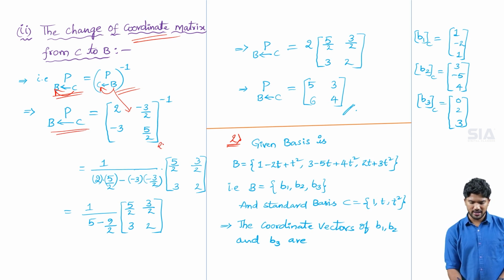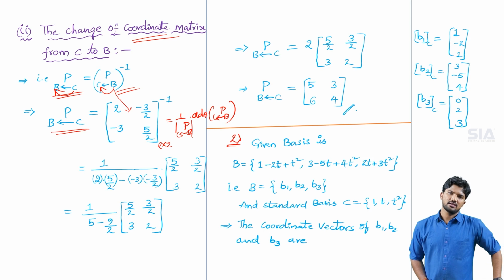Here it is a 2×2 matrix, so 1 by det A into adjoint A. So 1 by det of P from B to C, into adjoint of P from B to C. This is the formula to find that inverse.